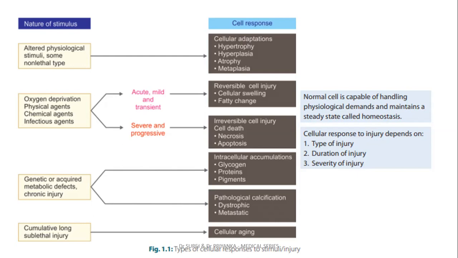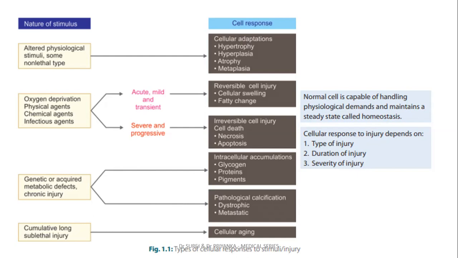That means only cellular swelling and fatty changes will be there, and later the cell will regain normal if it is in an acute, mild and transient state. But if the oxygen deprivation or hypoxia, physical agents, chemical agents and infectious agents are severe and progressive, then it can go for irreversible cell injury and cell death. That means necrosis and apoptosis will follow.